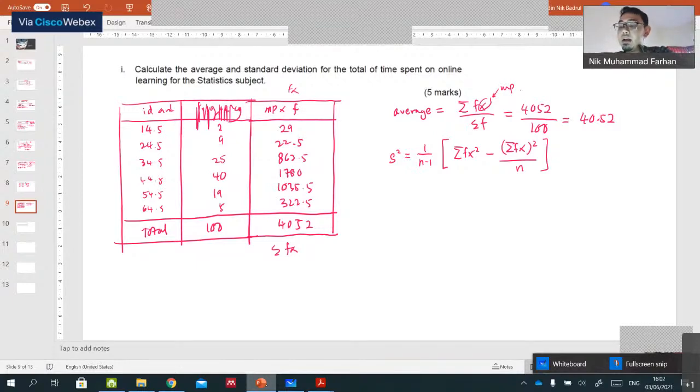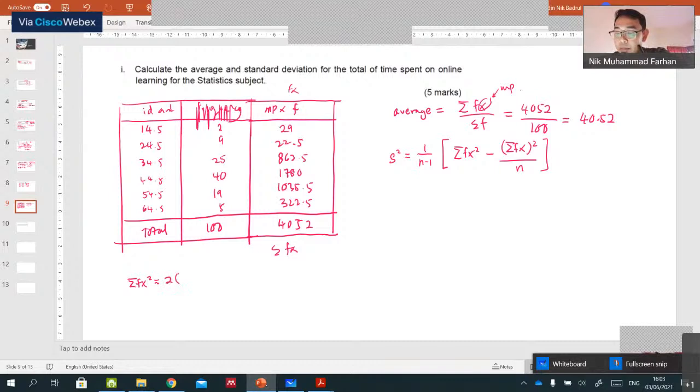You cari lah, ataupun you nak buat table untuk x square pun boleh. Okay, x square tu adalah midpoint lah, you squarekan dia. Kalau malas cari dekat bawah ni. So summation of fx square, meaning to say that you have to square the midpoint.